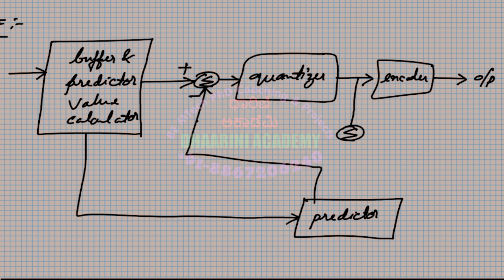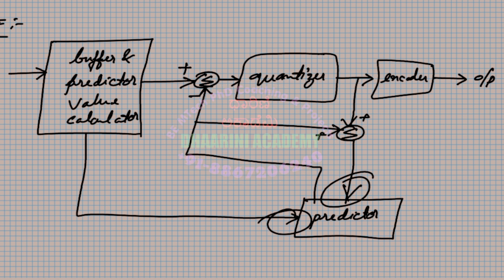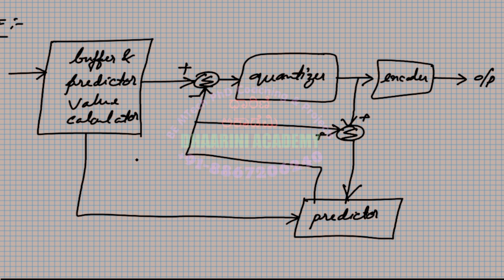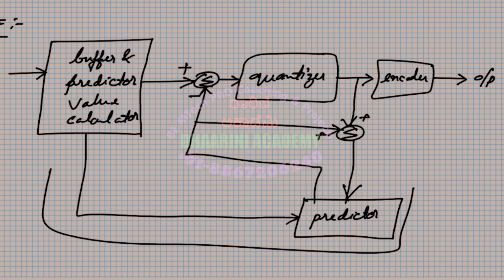This is a negative, so it will be added to this part. This is a positive, both are positive. That will be given as input to the predictor. The predictor has two inputs: one comes from the output of the quantizer as well as this. So the direction is forward. It goes in this direction, so that's why you call it forward. It's a forward calculation.